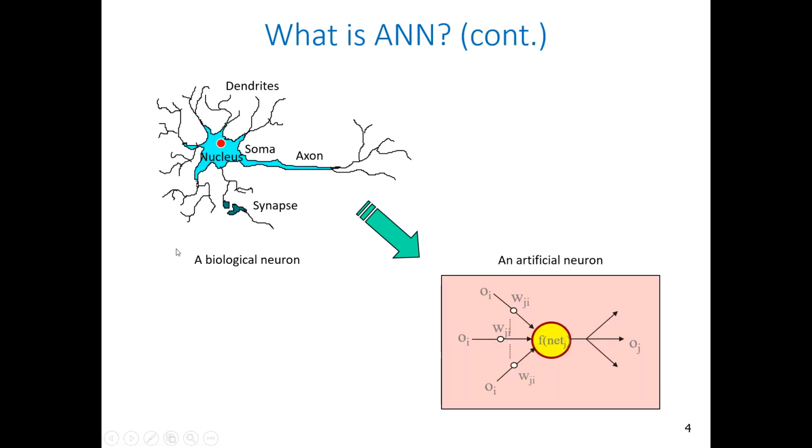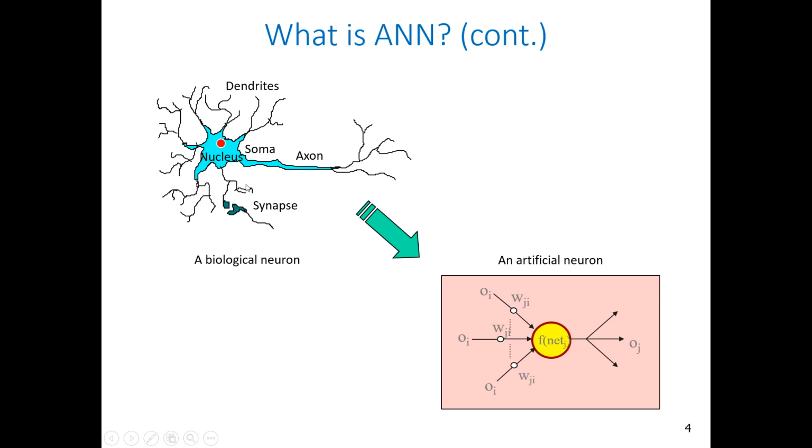So this is an example of how a biological neuron would look like in our brains and in our nervous systems. Information would flow from this thread-like structure called dendrites to the cell body called soma. It'll be processed, it'll be sent through the axon, and it'll be sent to hundreds of thousands of other neurons.